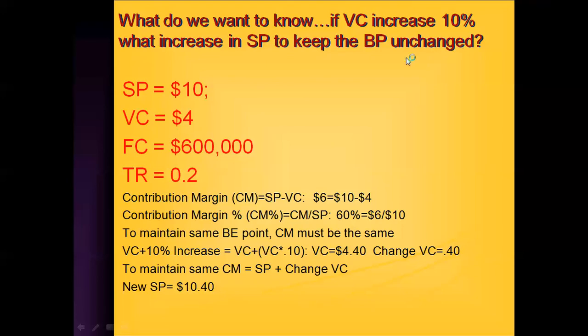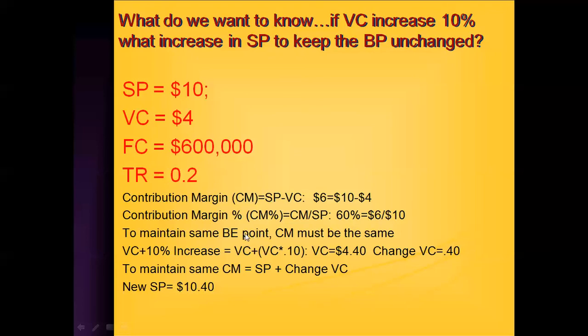So here again, your selling price is $10, your variable cost is $4, fixed costs are $600, and your tax rate is 20%. So we do, again, the contribution margin, which is selling price minus variable cost. We do our contribution percent, which is contribution margin over selling price, which equals 60%.